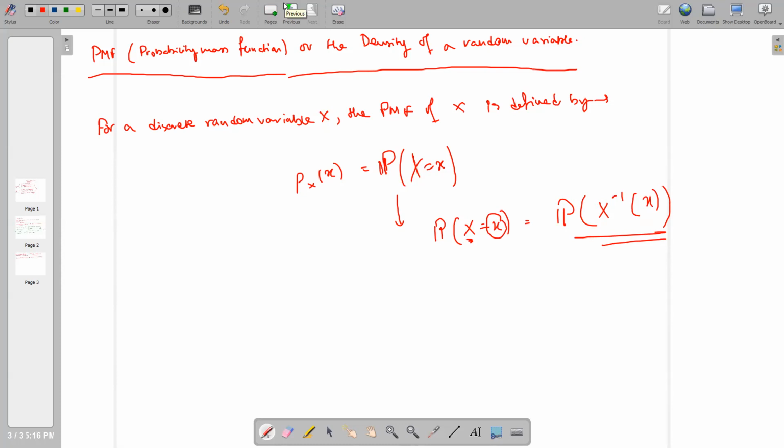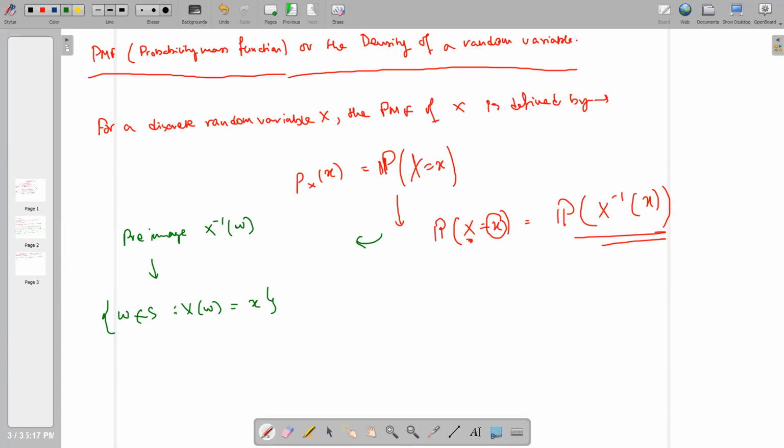So you can say that this can be termed as a pre-image, right? The pre-image of this is the event. What is the event? The event is where S is my sample space, for which this happens, right?